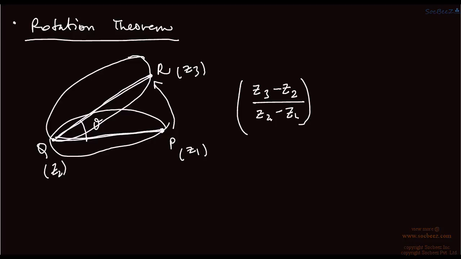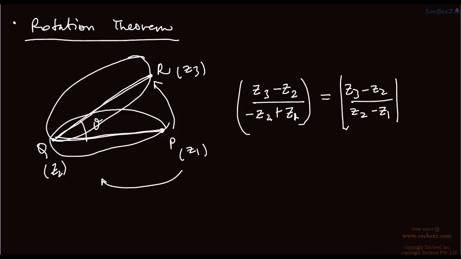Whatever you are writing here in this brackets, just take the mod of that. Z3 minus Z2 divided by Z2 minus Z1. I'm sorry, Z1 minus Z2 it will be, because you are going from R to Q, then P to Q. So Z1 minus Z2. Okay, the mod of this into e to the power I theta.